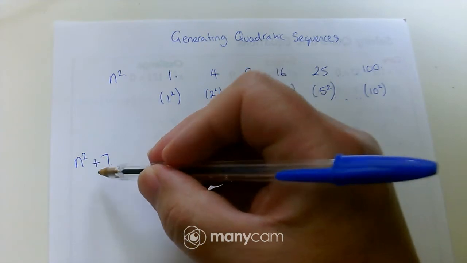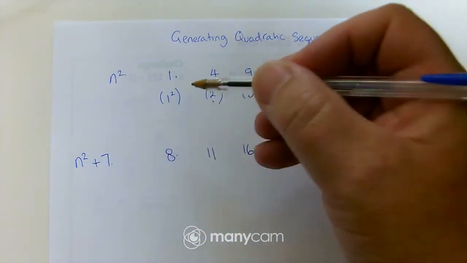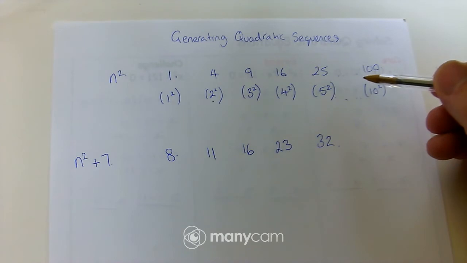So to work out the first 5 terms in the n squared plus 7 sequence, I just added 7 onto the n squared sequence.